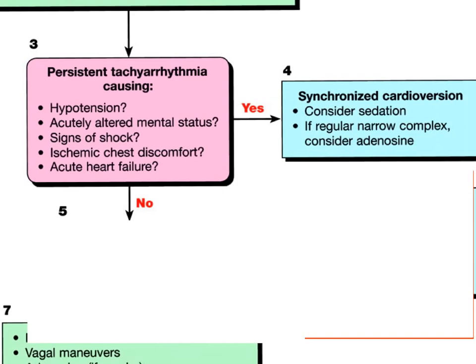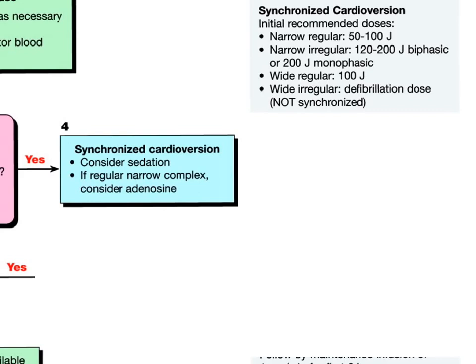So we want to talk next about box number 4, the blue box, and talk about synchronized cardioversion and the specific issues involved there. So in these very unstable patients, if the patient's heart rhythm is regular and the complex is narrow, then it is acceptable for us to consider adenosine rather than cardioversion.